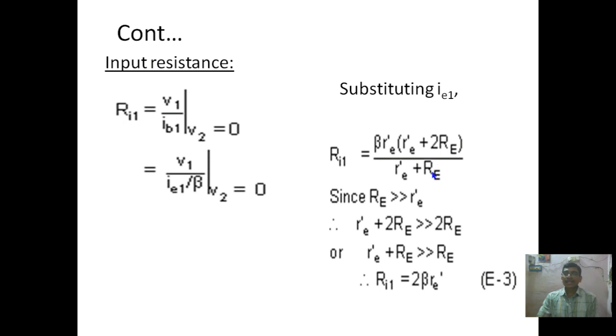So this capital Re and this capital Re will get cancelled, and the equation becomes Ri1 is equal to 2 into beta times Re dash. This is the stage 1 input resistance of our differential amplifier. Ri1 is equal to 2 beta Re dash.